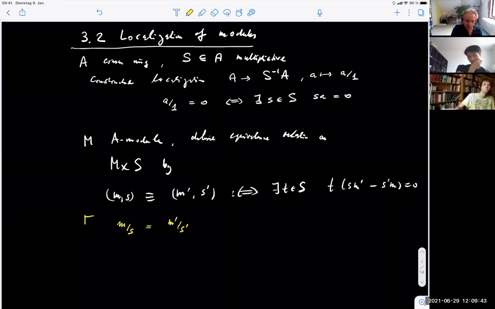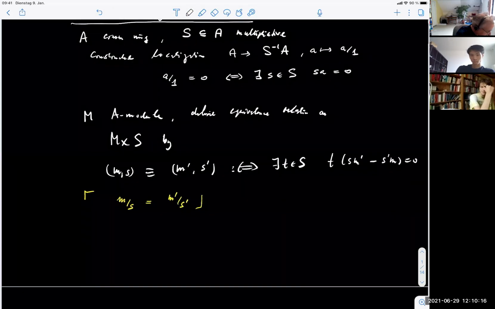If you are purely formal, you assume this makes sense, you would multiply with s s', and you would get that this equals 0. But because we are in this more general context, we need this additional feature: there is a t that annihilates it, similarly as we had it for rings. So it turns out this is the right definition.